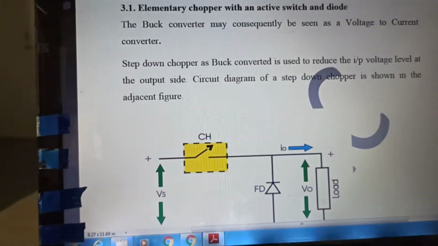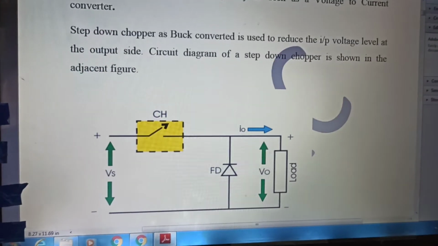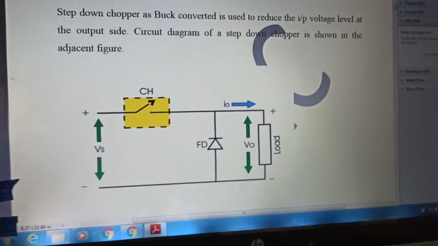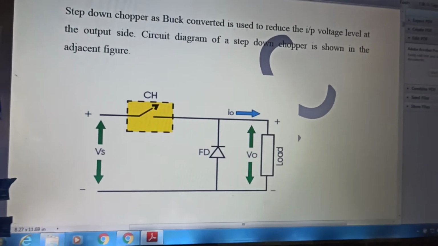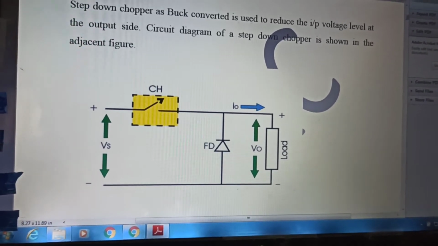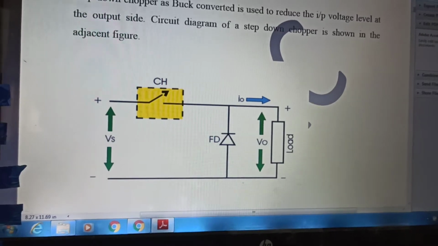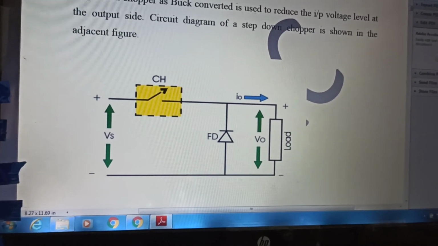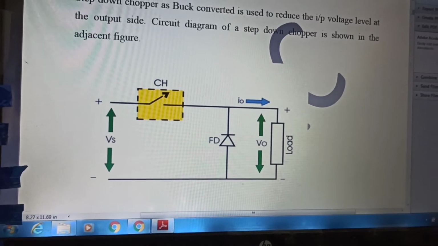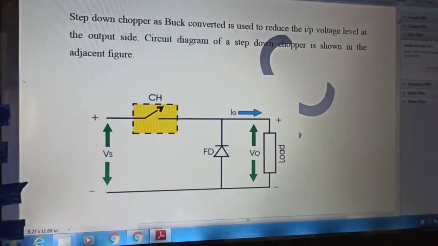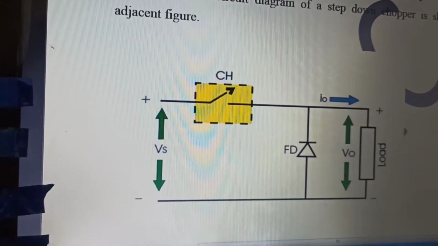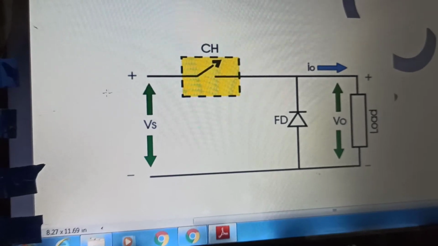Now have a look at this diagram. Forget about everything, just look at this. There is a switch which is connecting the source voltage to the load. I will first come to this load and roll out this diode for now.